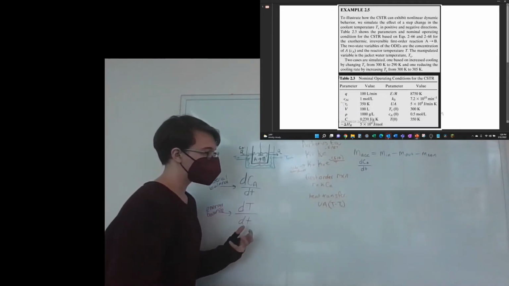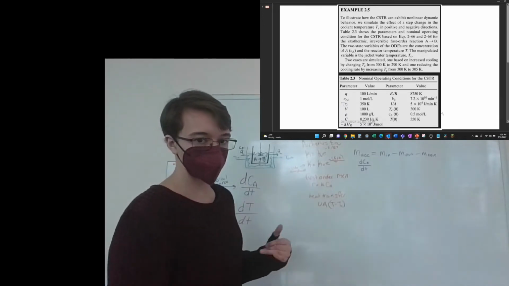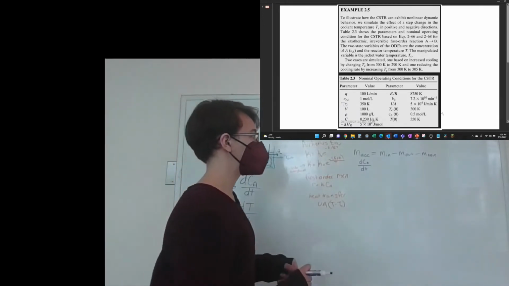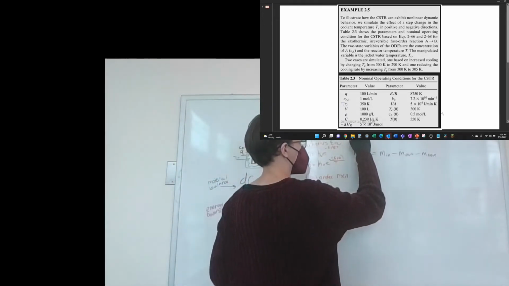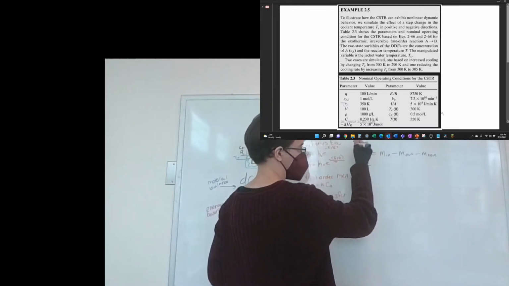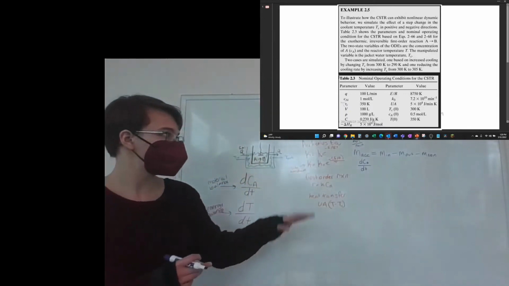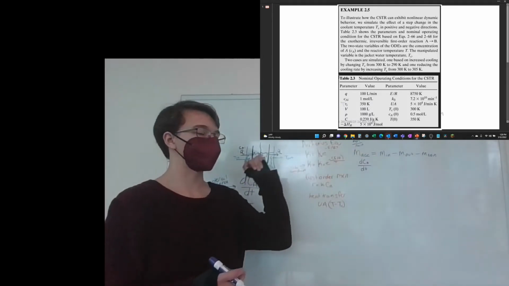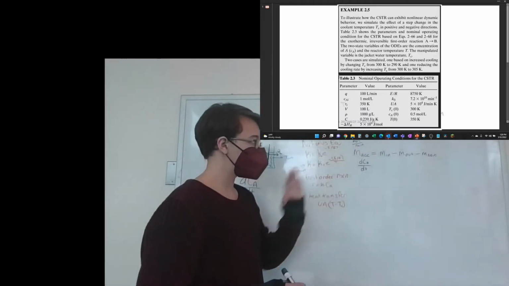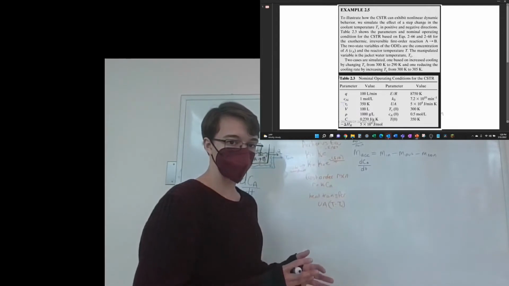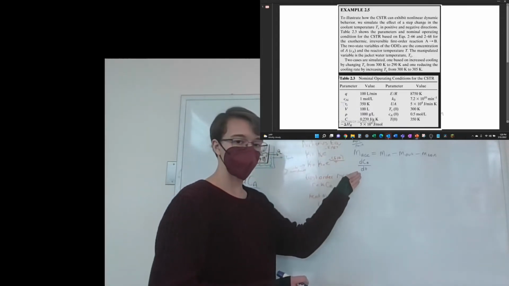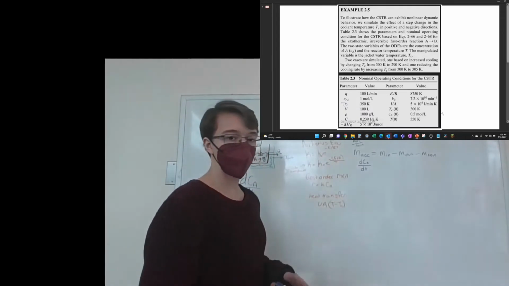So for this one, we're going to want to get things in units of moles per minute, because that's amount per time. So we're going to want every term in this equation to be moles per minute. So right now, we've got a concentration, which is moles per liter, and then per time.